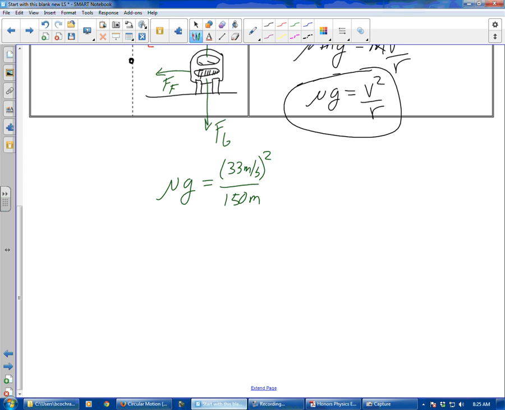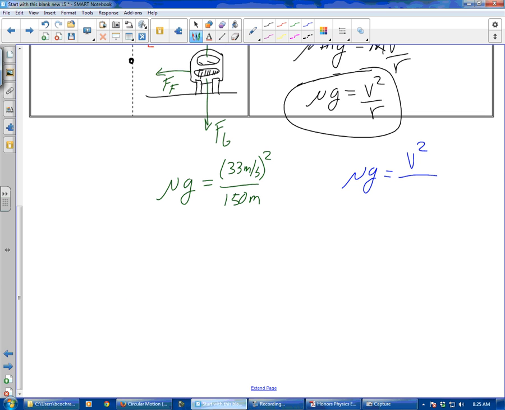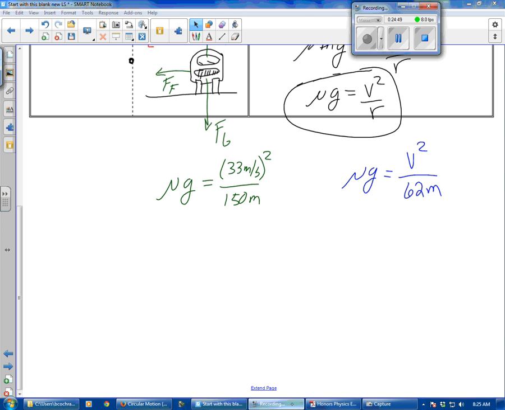In the second case, we have that mu g equals v squared over 62 meters. Mu and g are constant, so your next step would be to set those two equal to each other and solve for your v squared. All right, let me know if you need help individually on that one.